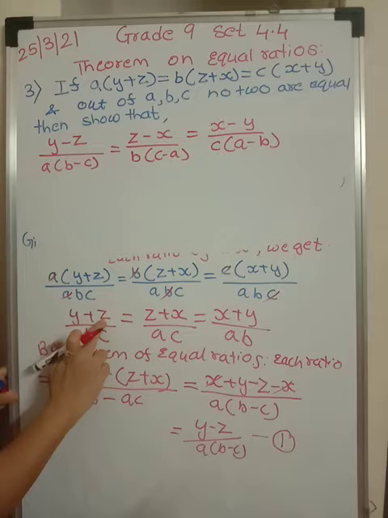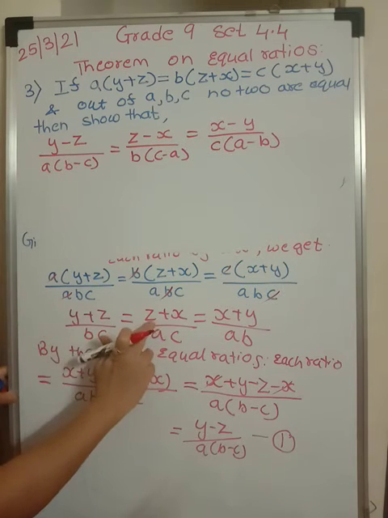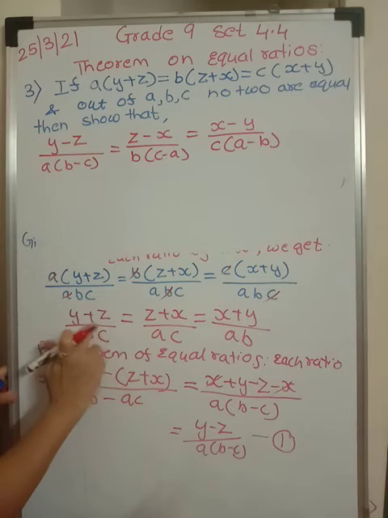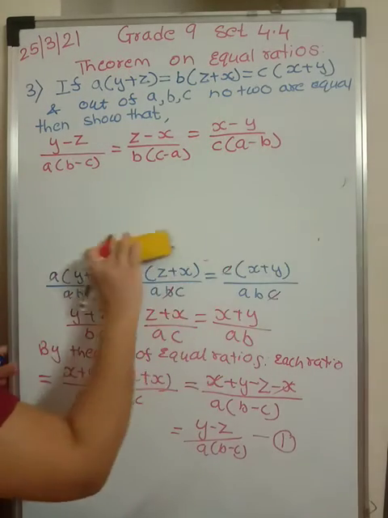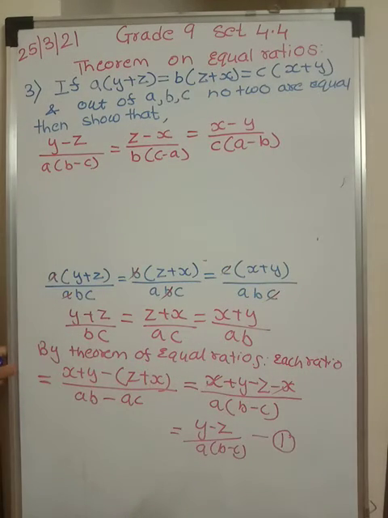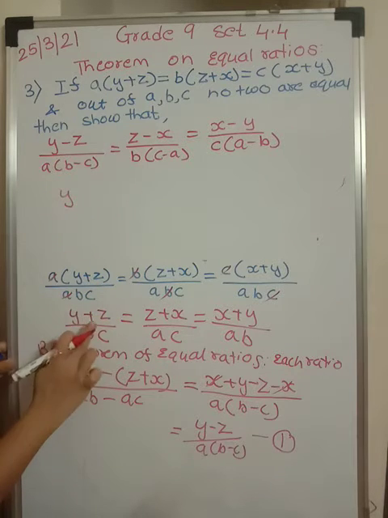So from this I am going to subtract these two. So let us subtract. Just see what I am doing now. To get the second ratio, I am getting y plus z.